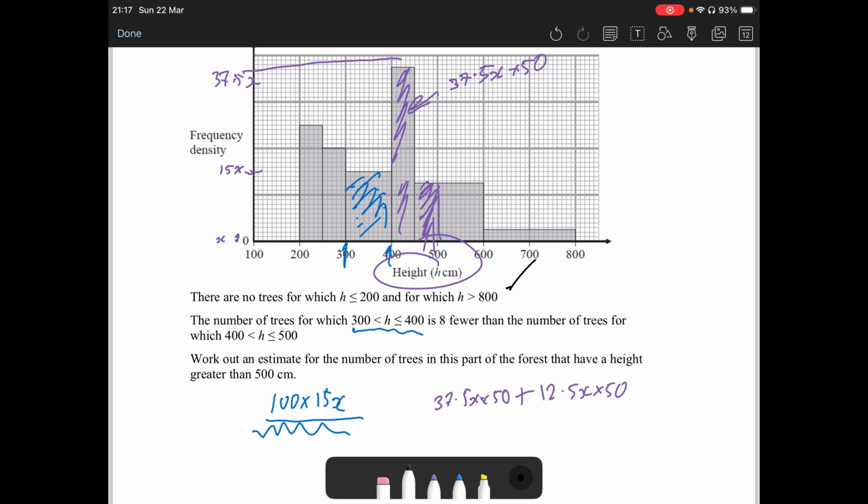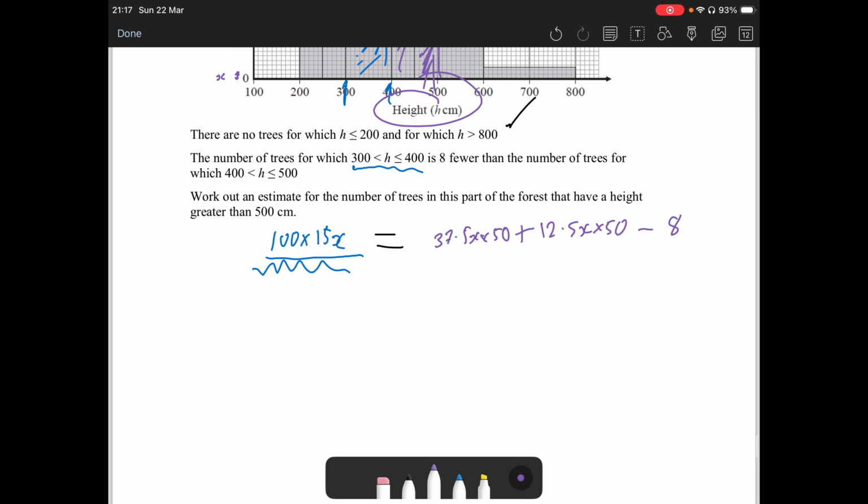So they're almost equal, but in order for it to be equal, you'd have to take away 8 from the purple at the end. So let's solve this now. It's going to require a bit of calculator magic. So we've got 1500x on the left equals, I'm going to just add all of that in one go. So you've got 37.5 times 50 plus 12.5 times 50.